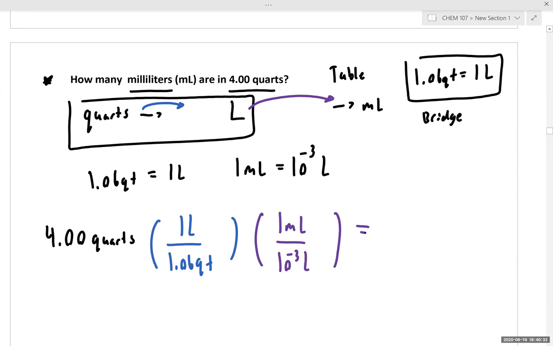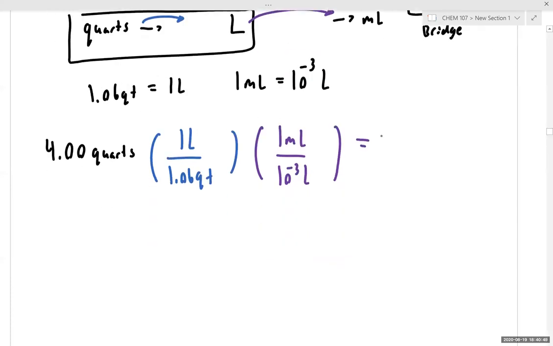Okay, so now if we punch this into our calculator, we have 4.00 over 1.06 times 1,000, and that in turn gives us 3.77 times 10 to the third milliliters.